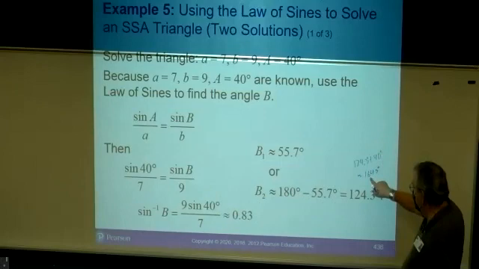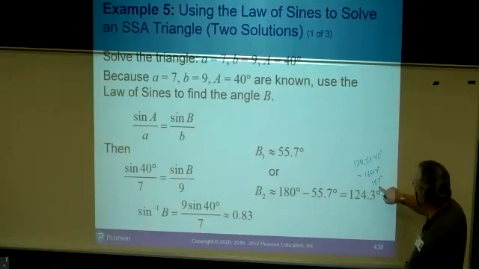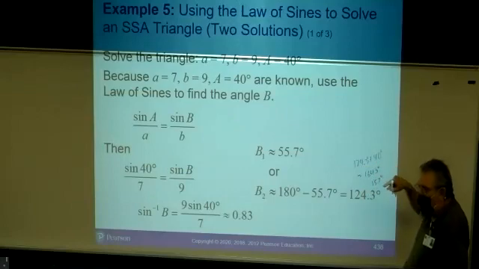So I subtract this from 180, which is what? 15.7 degrees. So 15.7, 40, and 124.3 form a triangle, because they all add up to 180.